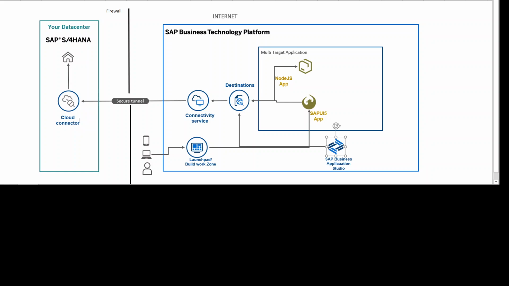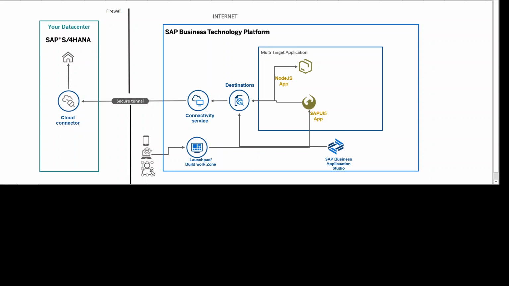We've all looked at different kinds of installations in our on-prem system. We have hub installations, embedded installations, and web dispatchers in between. Using a web dispatcher, we can redirect to different servers. So there are multiple handshakes that need to happen between the systems.